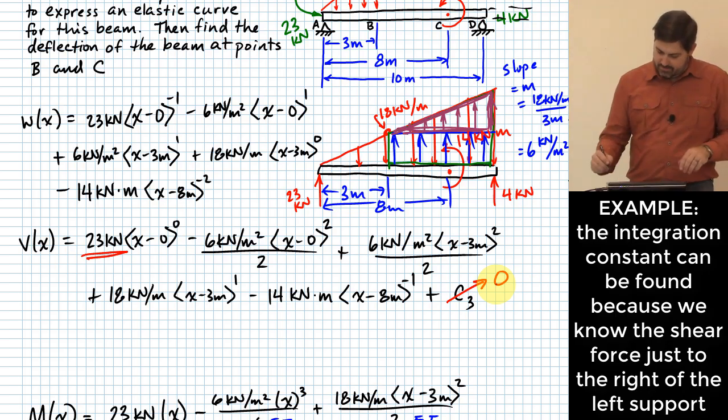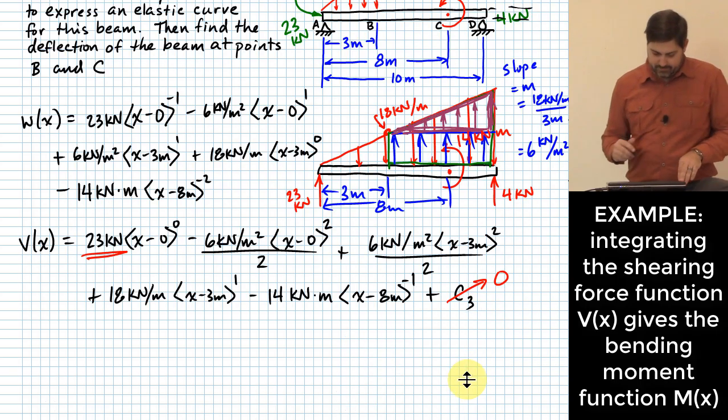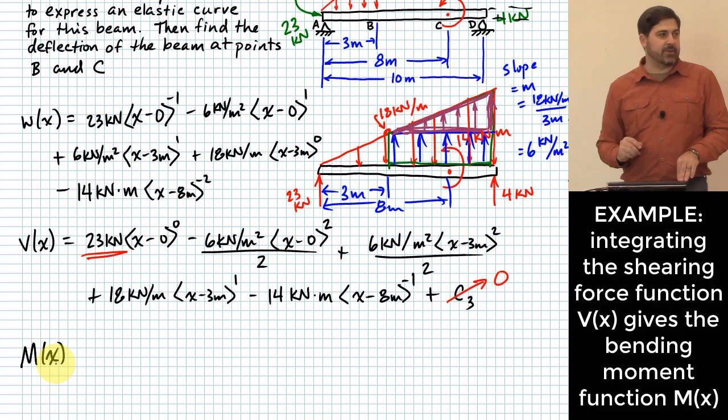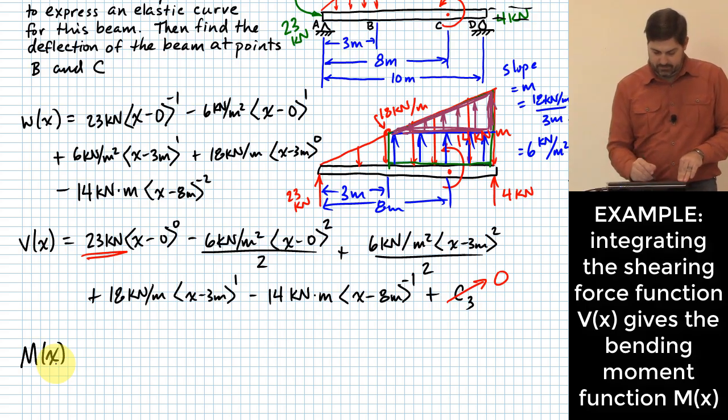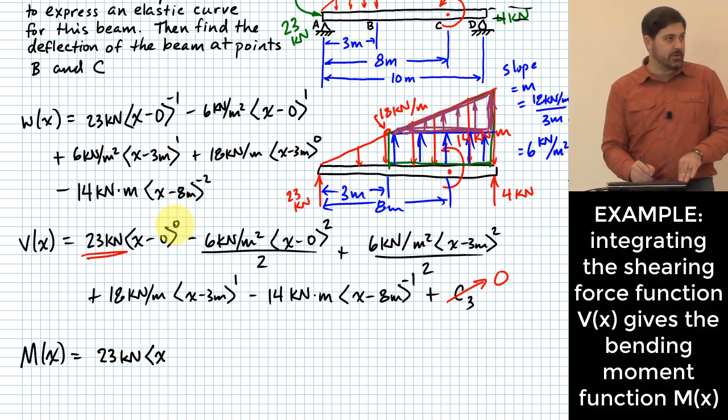Okay. What's the next step? We have to integrate again, right? What's m of x? The first term becomes 23 kilonewtons. Now, because I'm at 0, I don't have to use my special rules of integration or anything like that.